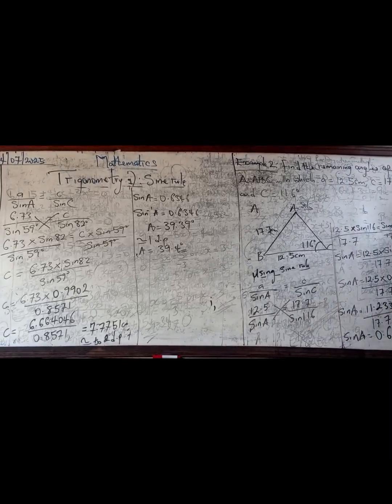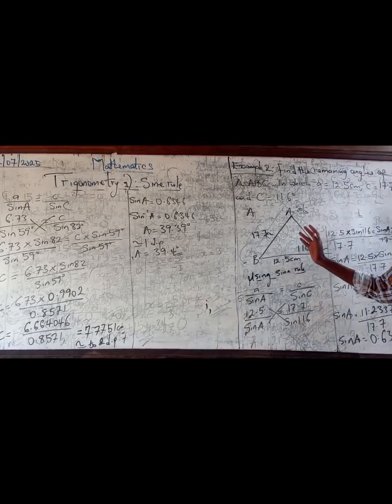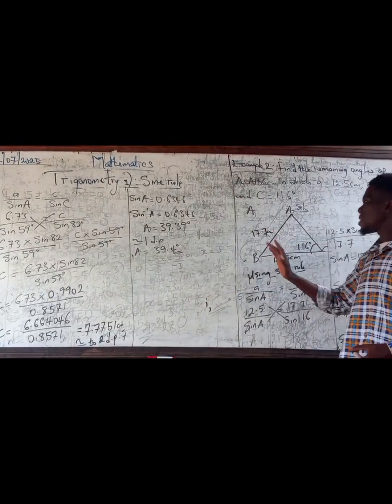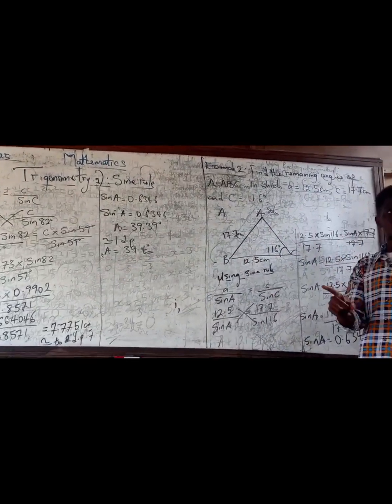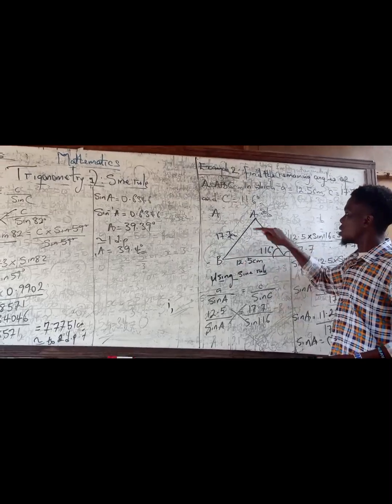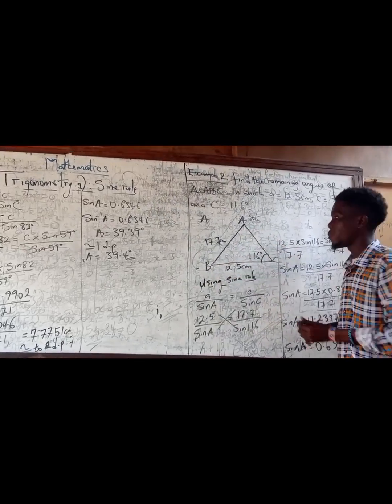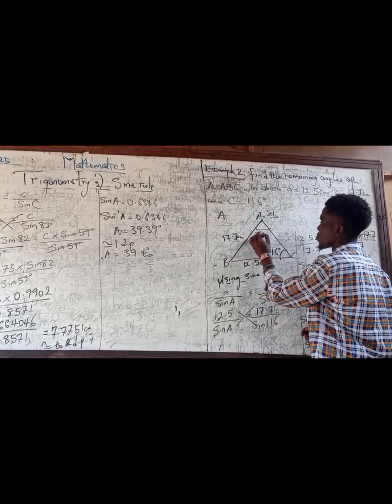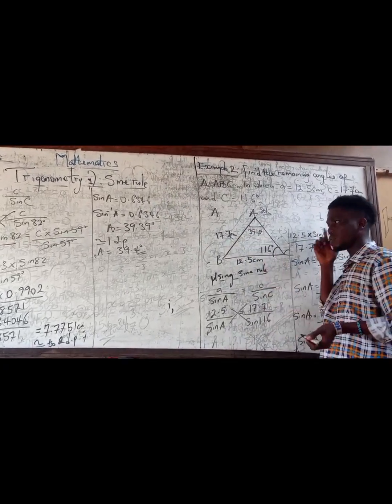But remember, the question tells us to find the remaining angles. We've gotten A, so there is still one more angle left, right? So the remaining angles here are A and B. Now that we've gotten A, we need to find B. This is not really difficult.